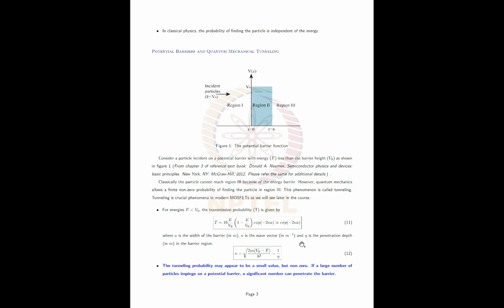So this formula you may not be using in this course, but it is given for your understanding, that kappa is the square root of 2m (V naught minus E) by h cross square, which equals 1 by eta, and eta is the penetration depth that it can go into the barrier region.